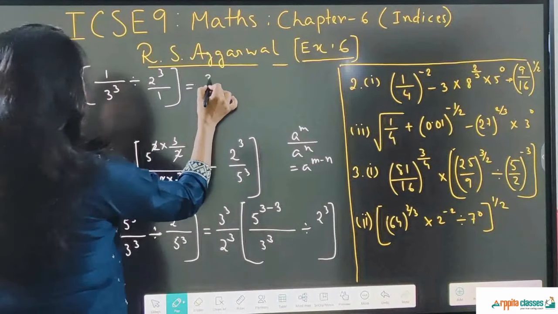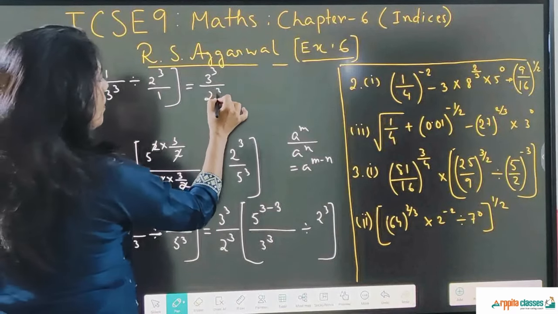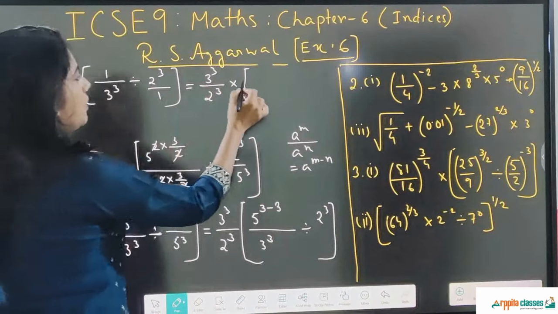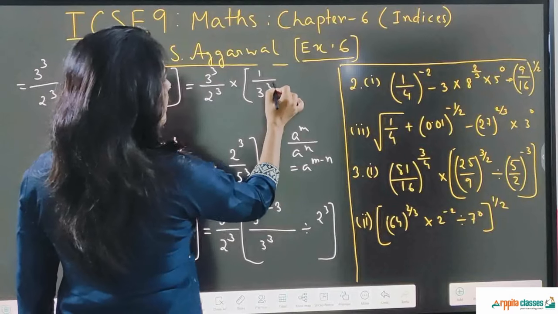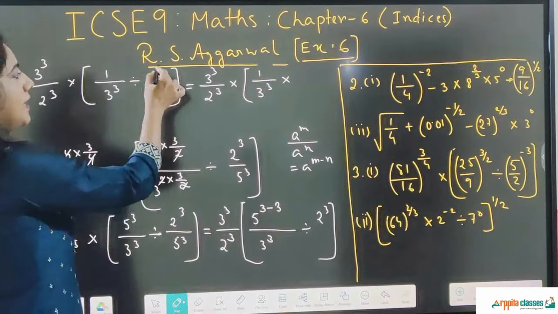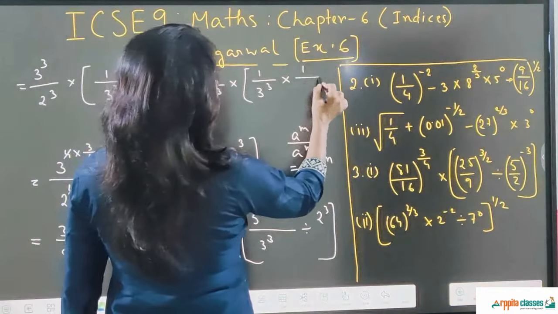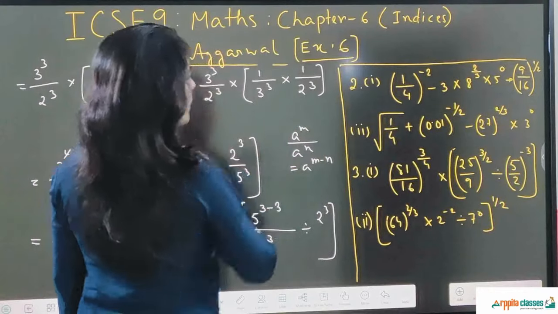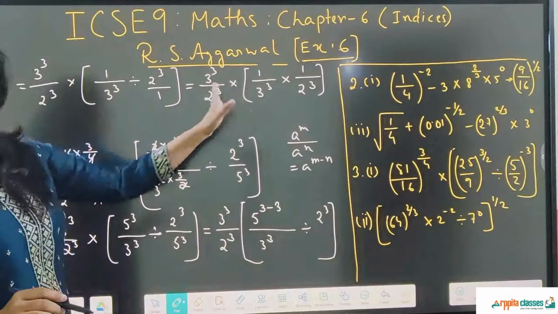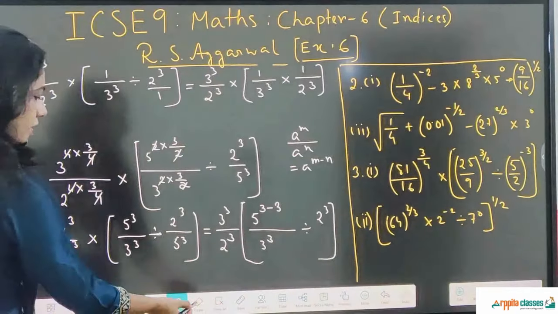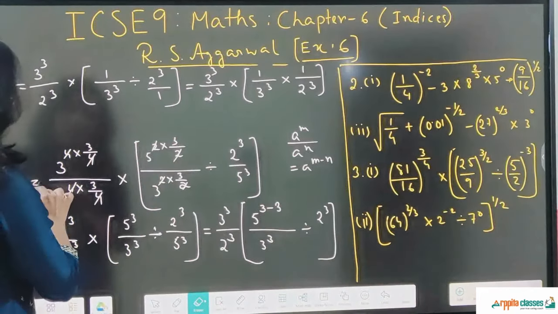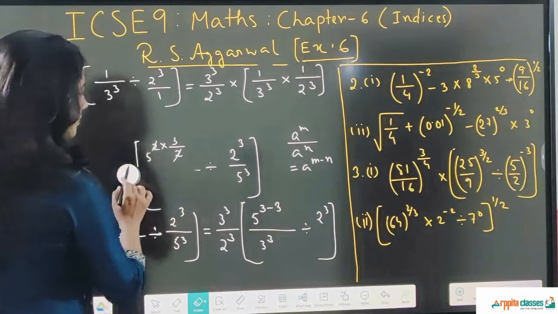Now the next step, 3 cube upon 2 cube, I keep on writing as it is. Now for the division I will do 1 upon 3 cube. We will put a multiplication sign and then we will reciprocate this. So this will become 1 upon 2 cube. Okay. So now everything is multiplied. I will remove the bracket and we will use the property of exponent. I will rub this part.